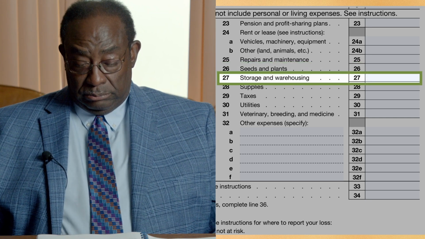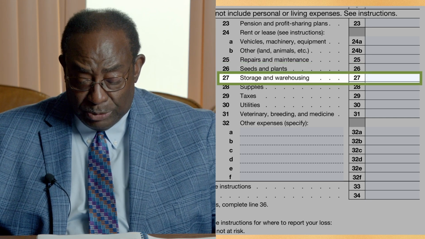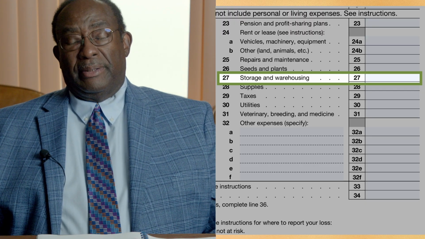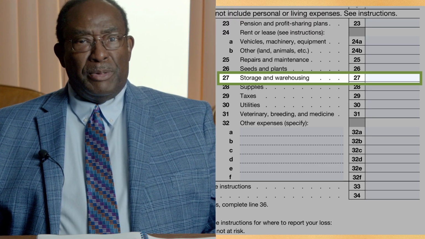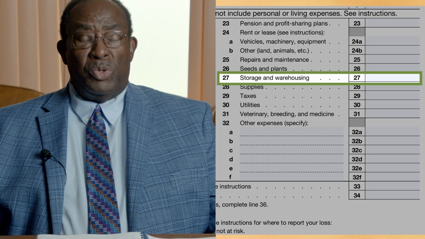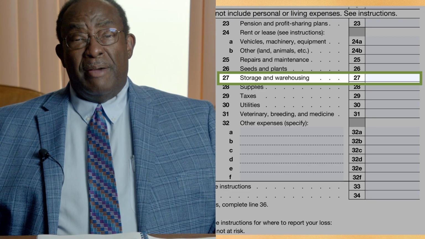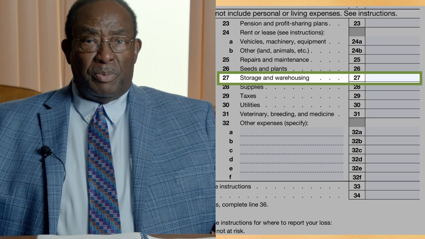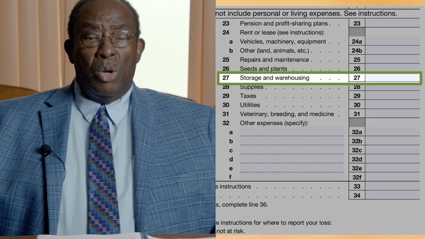All right? Now, sometimes line 27, storage and warehousing. Well, a lot of times small growers don't do a lot of storage and warehousing. Some of the growers have grain bins to store their products in until the price goes up or changes so they can sell the product.